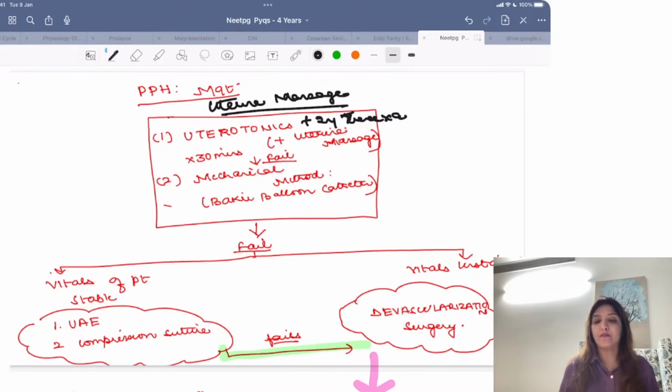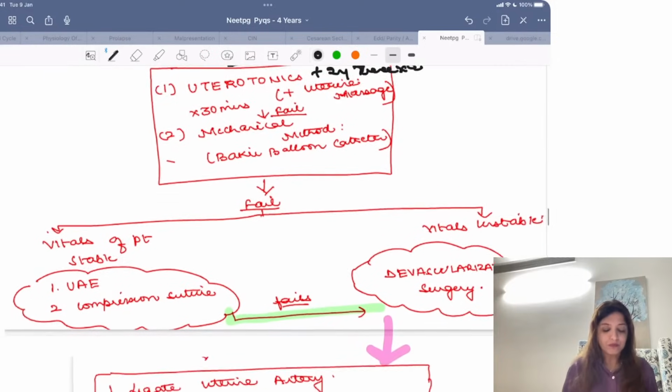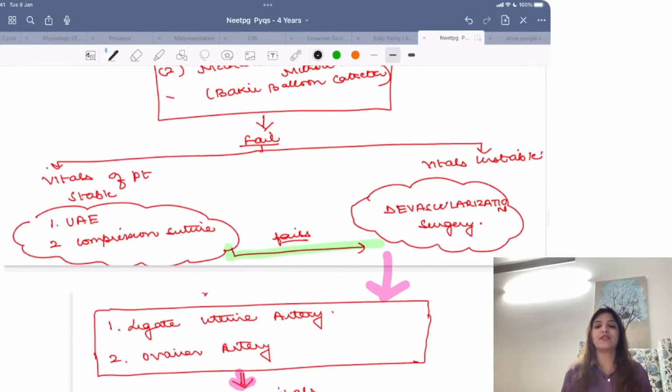And still, if bleeding persists, then you are going to see whether the vitals of your patient are stable or unstable. If vitals are stable, then you are going to go for either uterine artery embolization or compression sutures, right? And if vitals of your patient are unstable, then you are going to go for devascularization surgery.